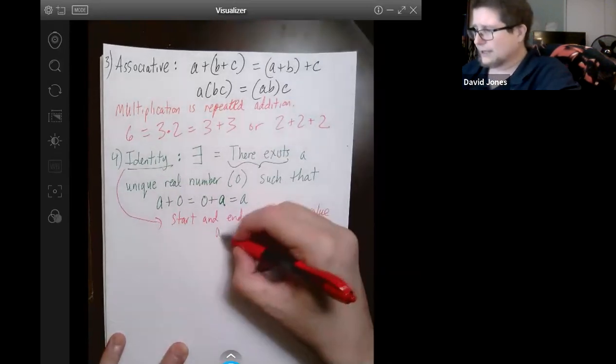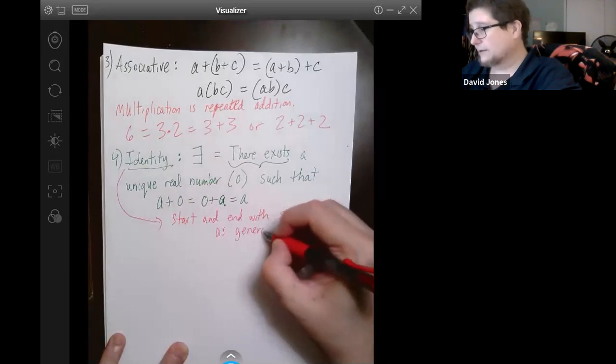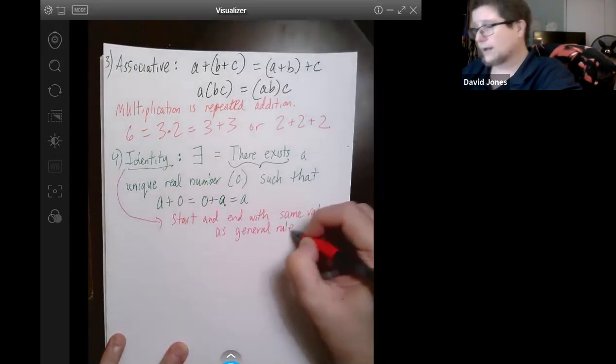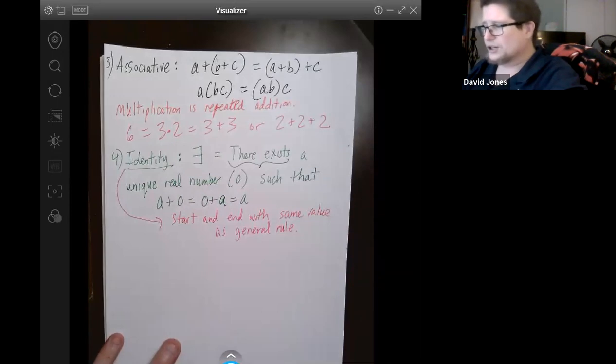As a general rule, that's what they mean by identity. So that's the addition one.